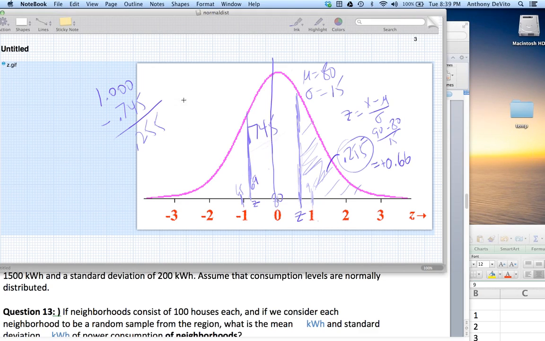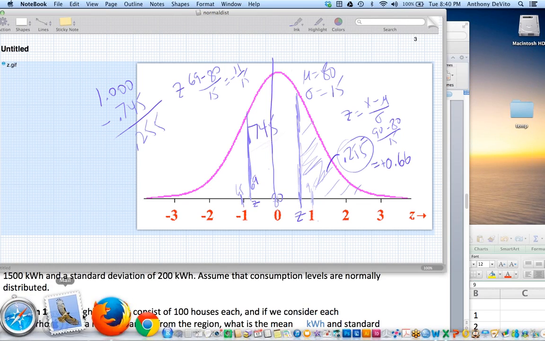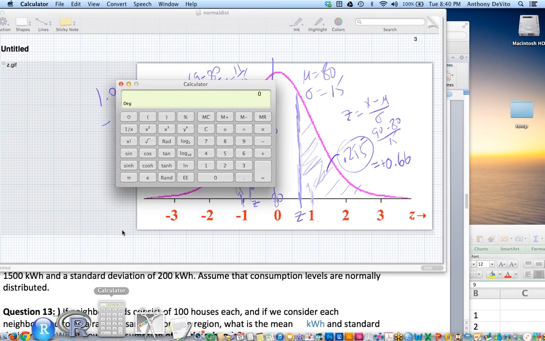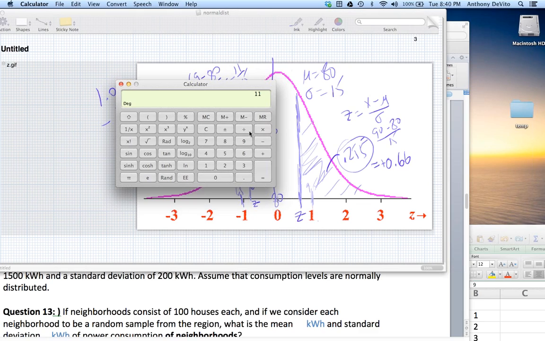The z-score for 69 is going to be equal to 69 minus 80 over 15, the standard deviation. That's equal to negative 11 over 15, right? And 11 divided by 15 equals 0.733.